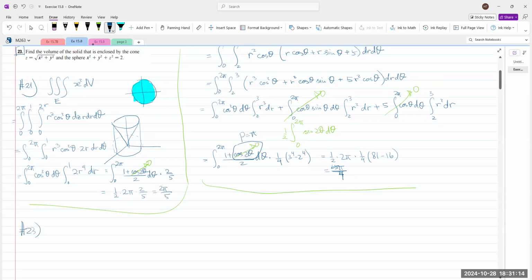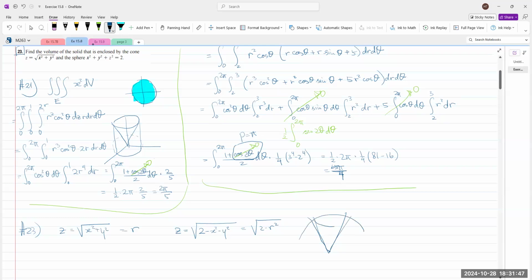The solid is enclosed by the cone z equals the square root of x squared plus y squared, which is r, and the sphere z equals the square root of 2 minus x squared minus y squared, which is the square root of 2 minus r squared. The cone looks like this, and you have the sphere.